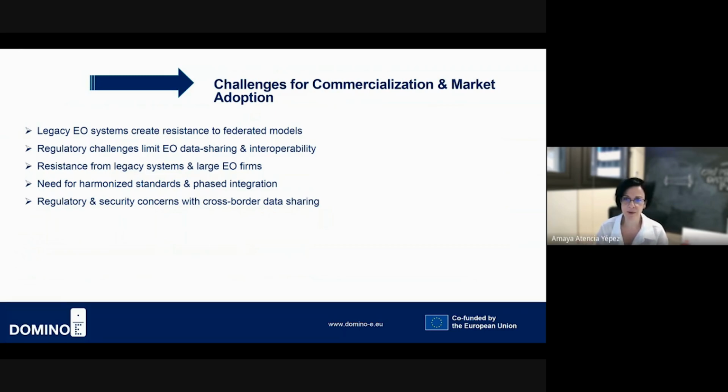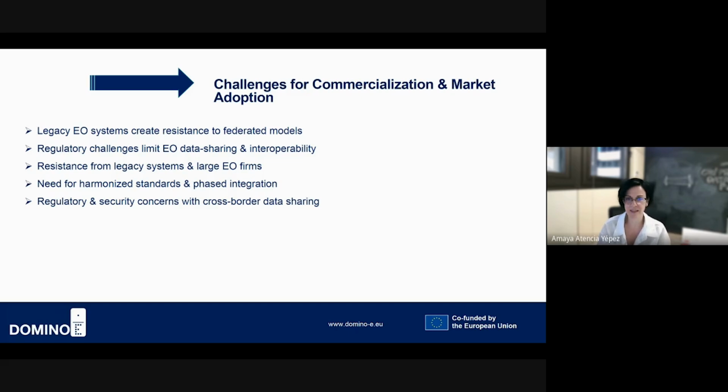In one aspect, for commercialization and market adoption, there are some existing restrictions, like the existence of legacy EO systems that need to integrate these harmonized standards into their systems in order to create this federation.